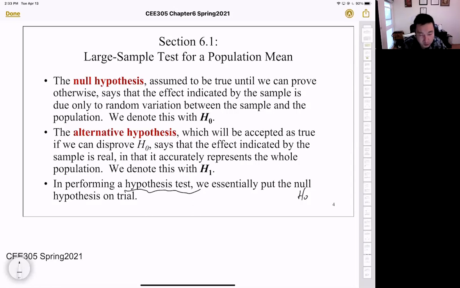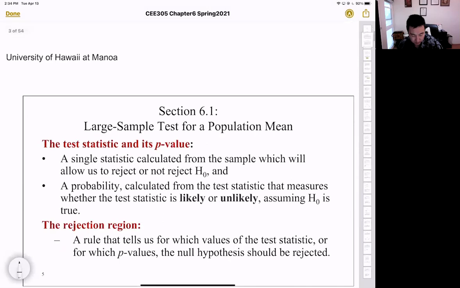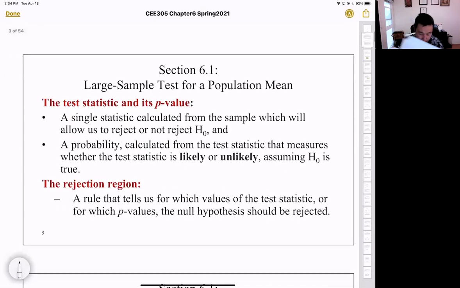How do we do that? Let's keep reading. To do the hypothesis test, we need to calculate a test statistic, such as a mean value, and also a so-called p-value.